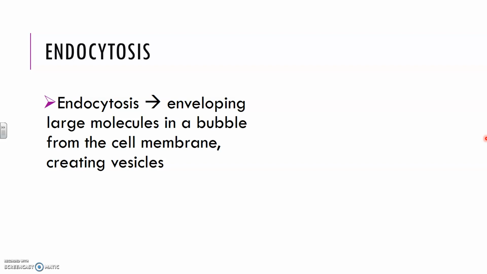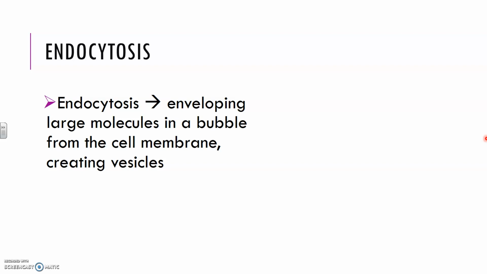So in endocytosis, you have nutrients that come up to the side of the cell, and the cell is kind of like, hey, I want all of those in here. So it envelops all of those nutrients. It basically forms a little indentation in the plasma membrane that encircles those nutrients.